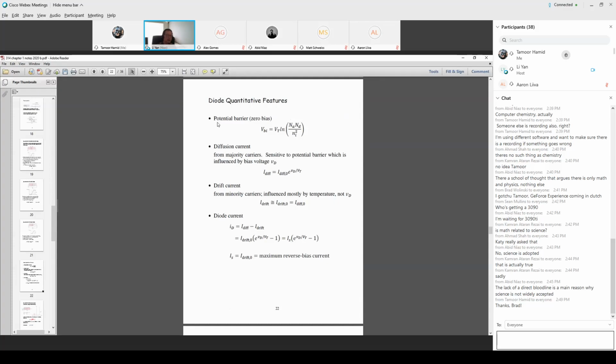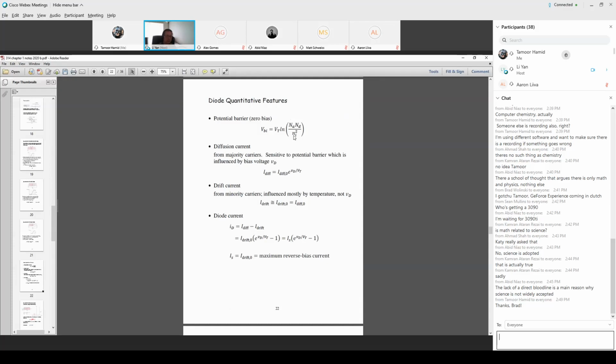One is that once you have a PN junction at the interface, you generate a potential barrier under zero bias. This potential barrier, V_BI, depends on the doping concentration of the acceptor on the P side and the doping concentration of the donor on the N side, and also on the temperature, or the carrier densities as calculated from the intrinsic semiconductor material.